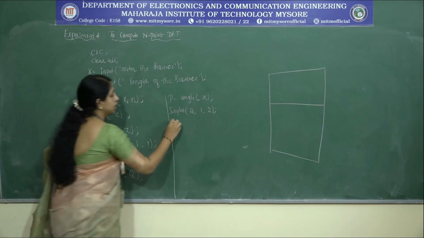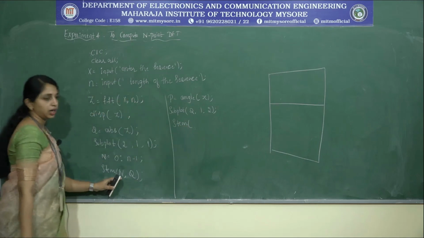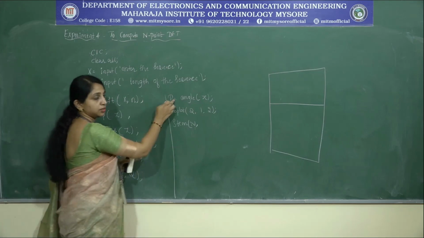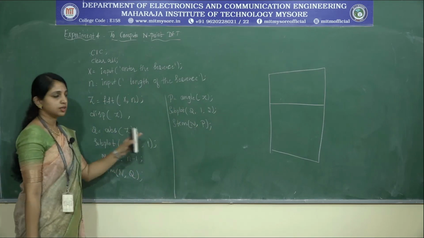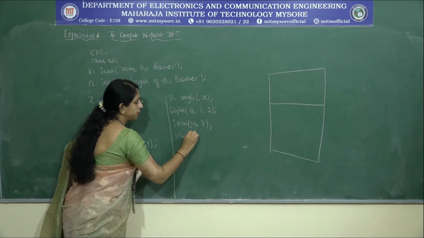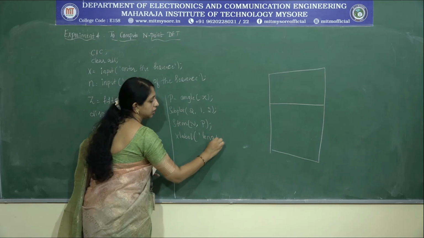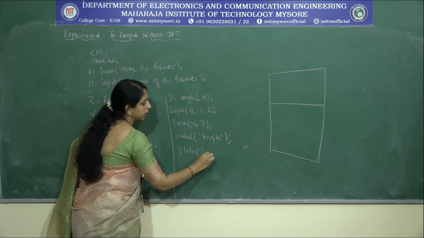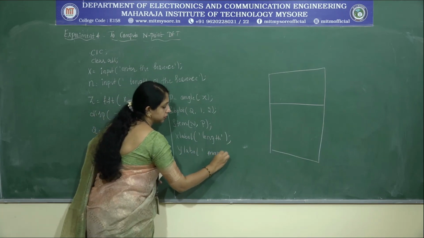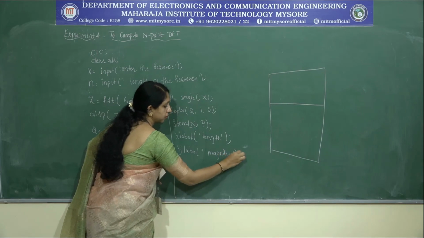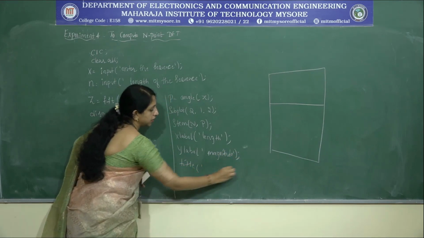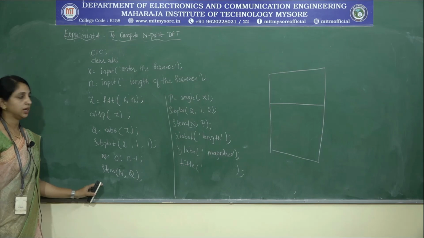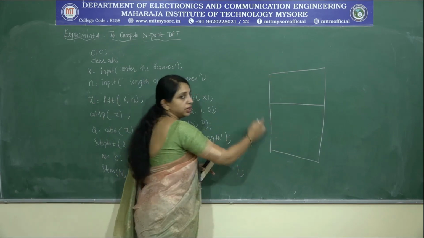Give a stem: stem of n, comma, Q is the absolute value, but I need the phase value, so it is P. For this, you can give an x label, which is the length, and a y label, which is the magnitude. Title, you can give it as phase spectrum, and here also you can give x label, y label and title, which will be displayed in the figure window.